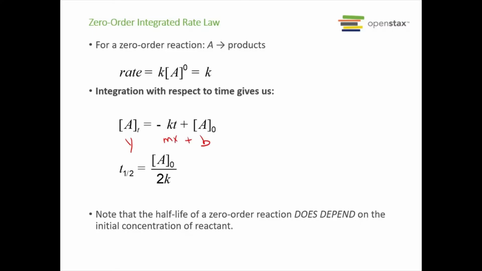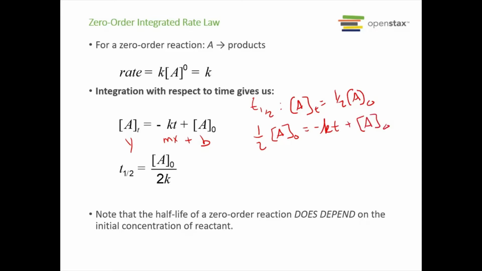Now let's go ahead and get the half-life. So remember at t half, [A]t is equal to 1/2 [A]0. So now we have 1/2 [A]0 is equal to negative kt plus [A]0. Subtract [A]0 from both sides.